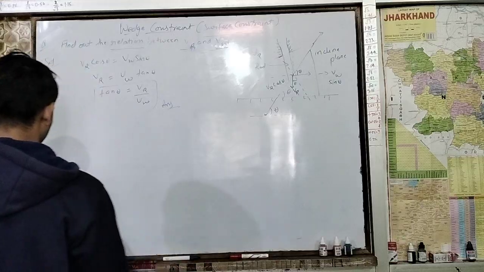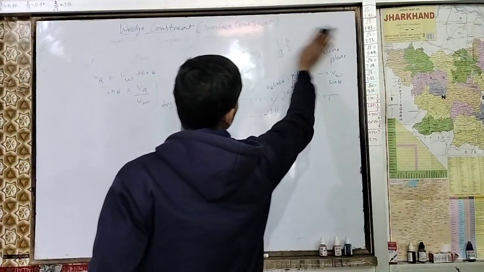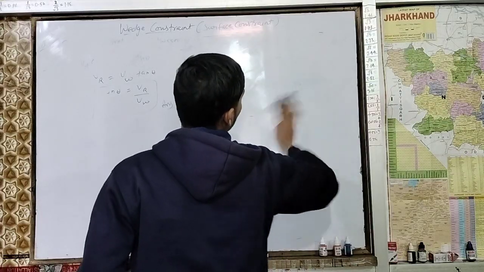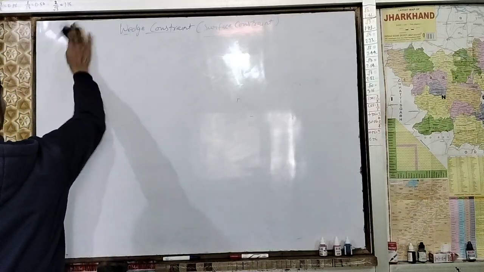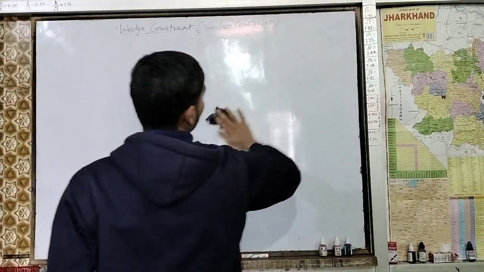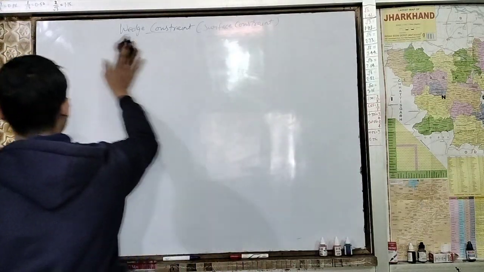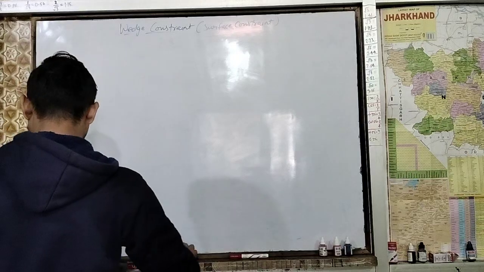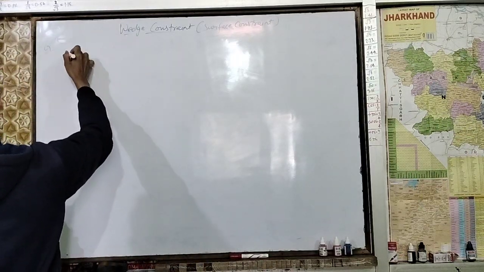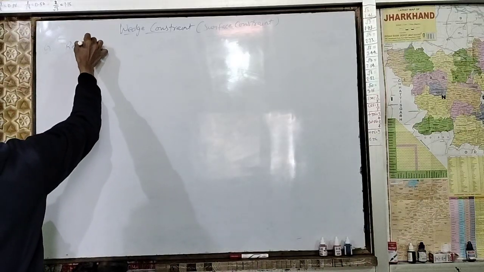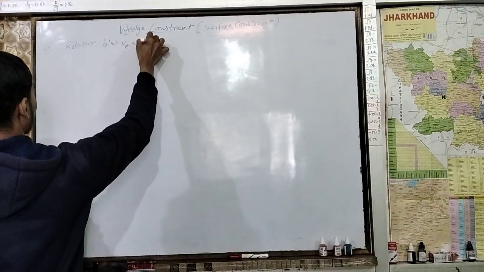The first question is the relation between VA and VB.